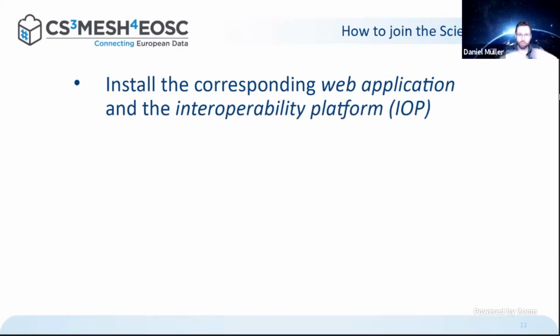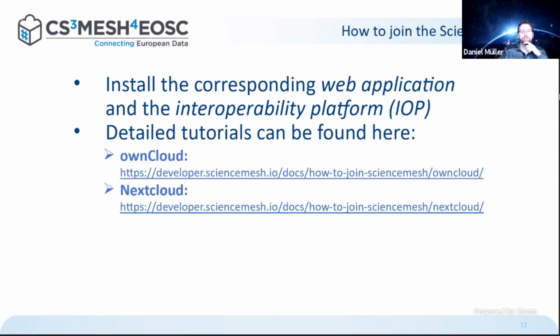So to actually join the Science Mesh, you need to install 2 pieces of software. First, a specific web application for your platform, and second, the so-called IOP, Interoperability Platform, which you've also now heard about in the form of Reva.